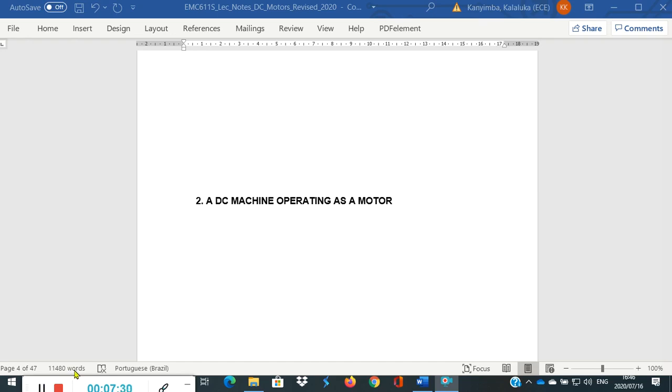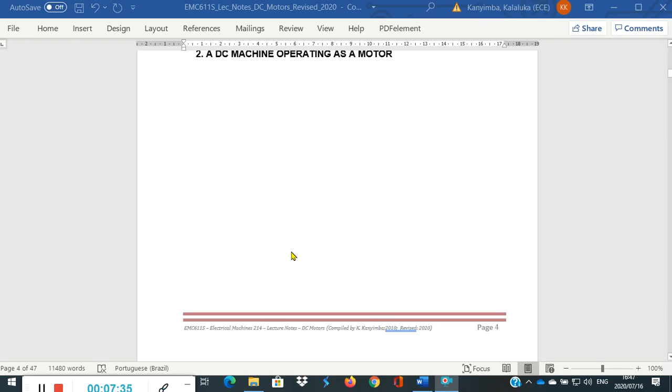Hence, the EMF equation will be as follows.